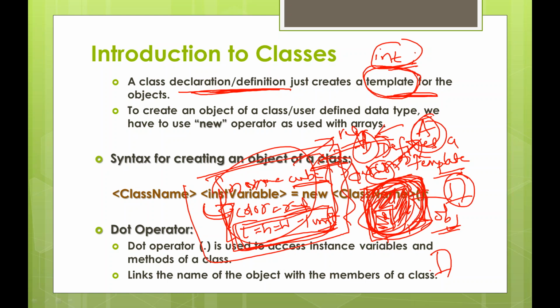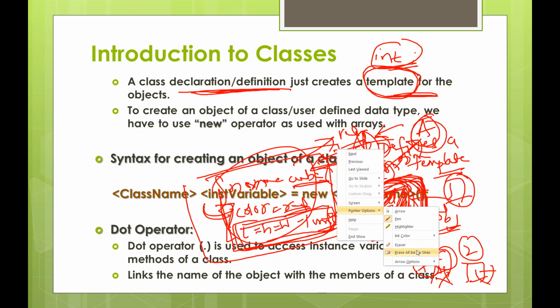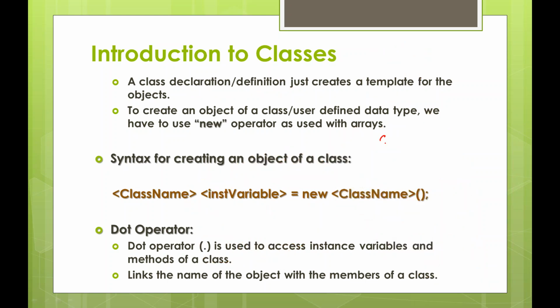But when you say object 1 and object 2, they are different, even though they are cubes, red, and have the same dimensions. B is having object 1, and C is having object 2.